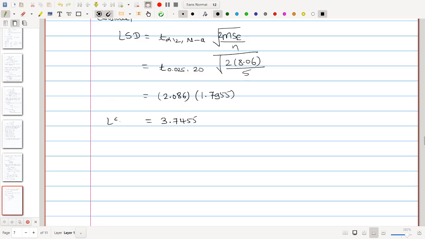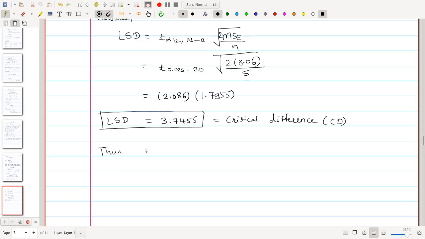So this is your least significant difference. Many people also call it the critical difference, CD.